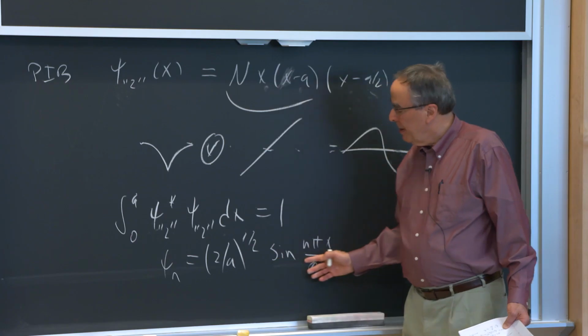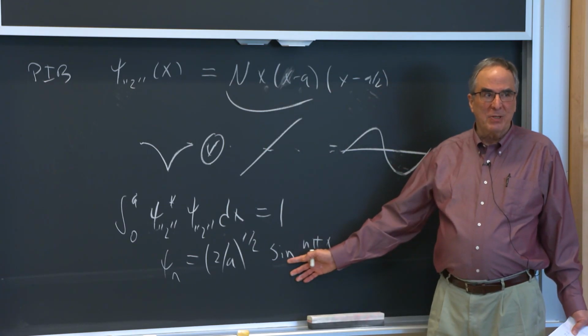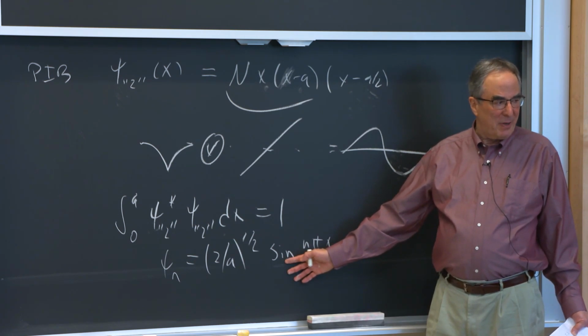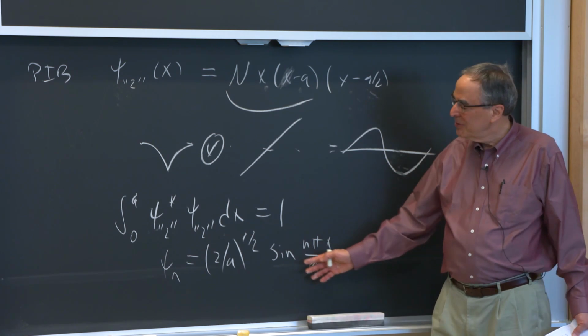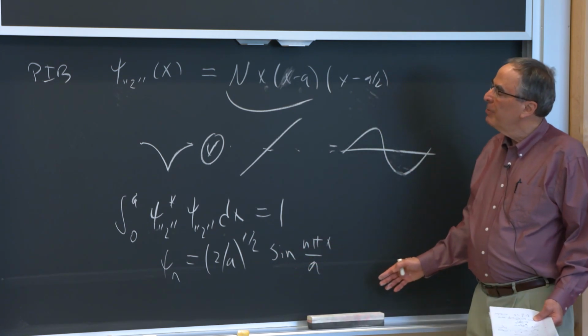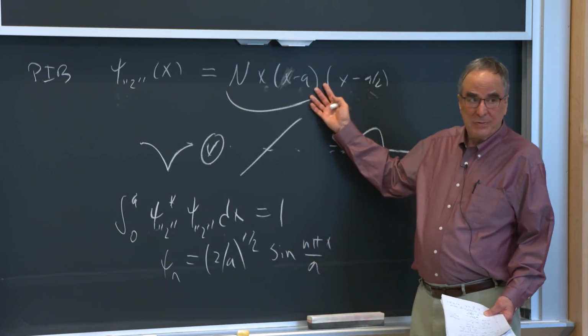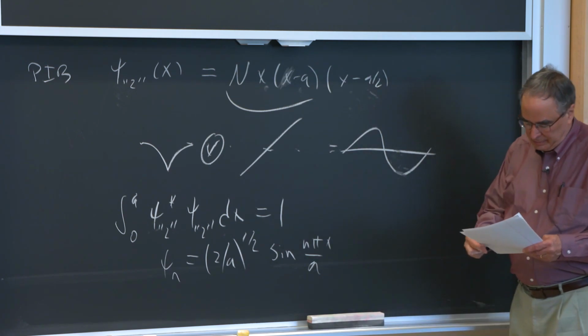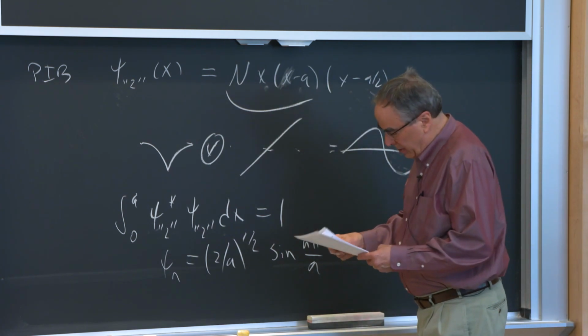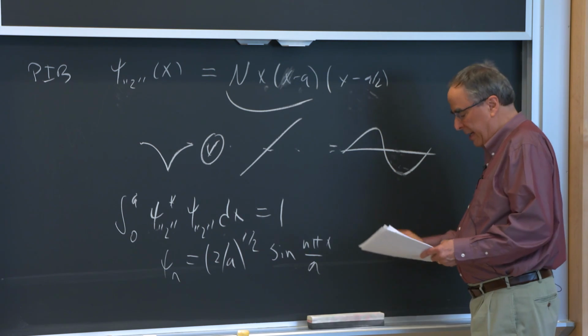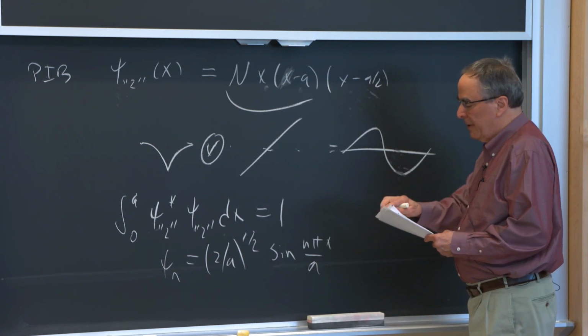Now, we have a sine function here. That's because I've chosen the box that doesn't have a zero left edge. It's symmetric about x equals 0. But that would be appropriate for this kind of function.